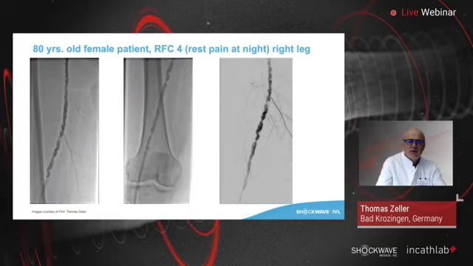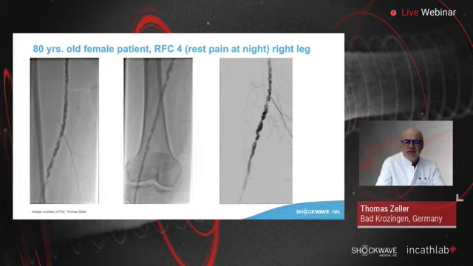But what was essential for this webinar was this very diffuse, severely eccentrically calcified femoropopliteal disease, which is shown over here in those pre-interventional images. So a couple of subtotal occlusions caused by really severe intraluminal calcification. And so the lesion ended more or less at the upper level of the patella.